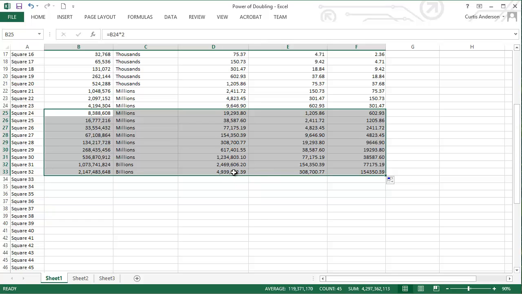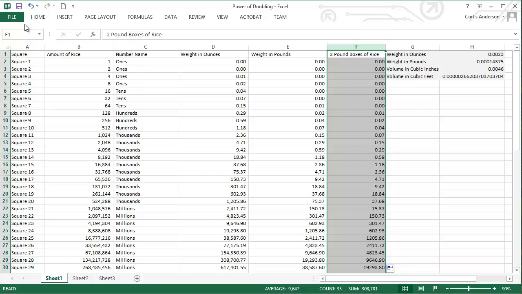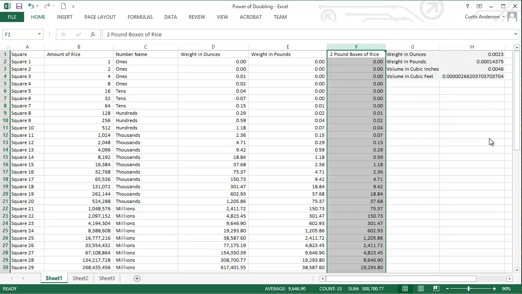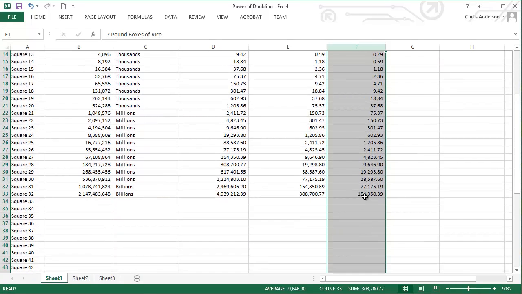Okay, so we're at almost 5 million ounces. So we have 308,000 pounds of rice. That's a lot. If we look at this, I'm going to change this and put the comma in, and that will make things a little easier for us to see. 154,000 boxes of rice.